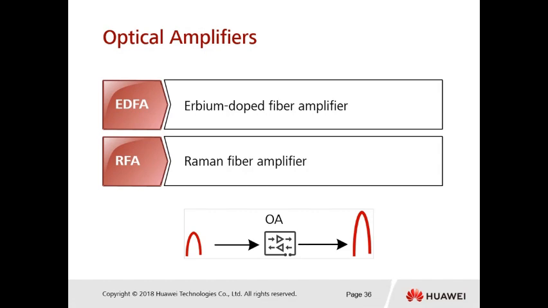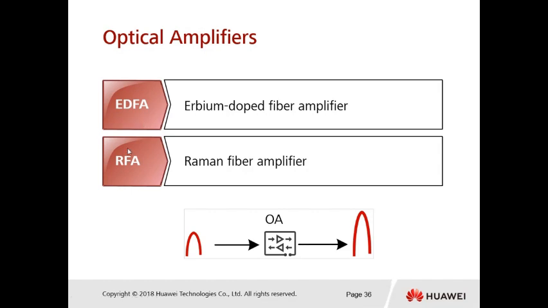Among the optical amplifiers, the Erbium doped fiber amplifier and the Raman fiber amplifier are used a lot, practically, right? So let's check the EDFA. The EDFA, Erbium doped fiber amplifier, is widely used in our real network, okay? But RFA, the Raman fiber amplifier, is used in some special places. It's not as widely used as EDFA. For some special places, RFA is very good, okay?